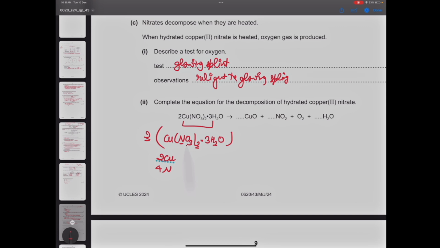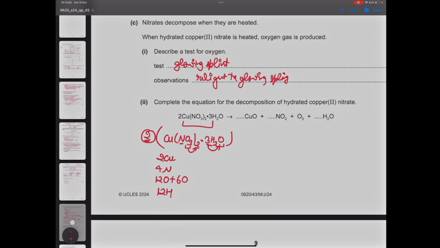Oxygen, it is 3 already, but this is times 2, which is 6, but again times 2, which is 12 oxygen. Plus, there is also some oxygen present here. It is 3 oxygen here, but again times 2, so 6 oxygen as well. Then hydrogen, there is 6 hydrogen here, but times 2, so 12 hydrogen atoms.